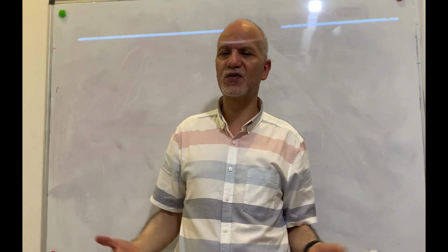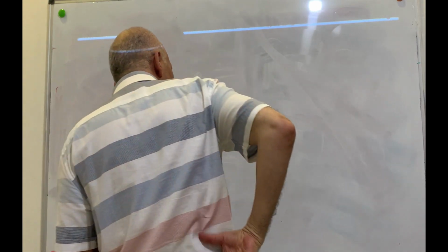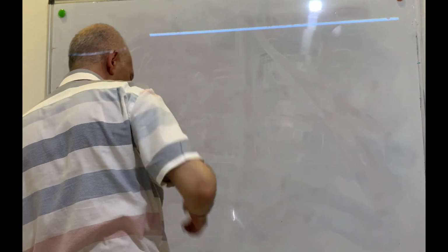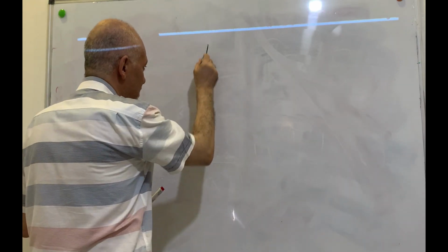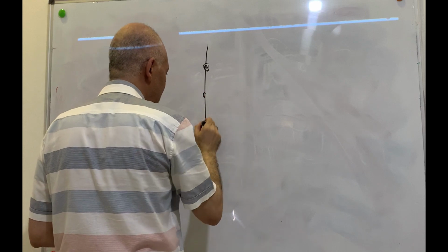Posterior surface anatomy of the kidney, from the back. We make a quadrangle in the back. Suppose this is the midline of the back, the vertebral column.